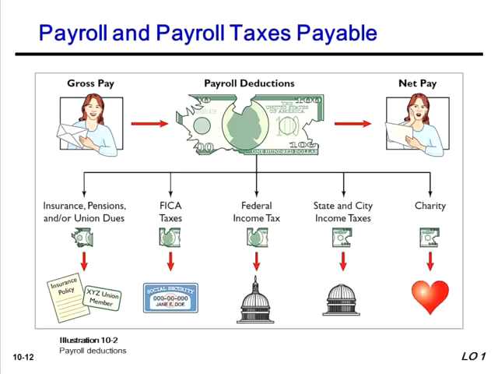All right, so we have the gross pay, and of course we all know that there are quite a few things that are taken out of the gross pay before we get what is left. If you look at the bottom left-hand side of this diagram, we have insurance, pensions, and or union dues.